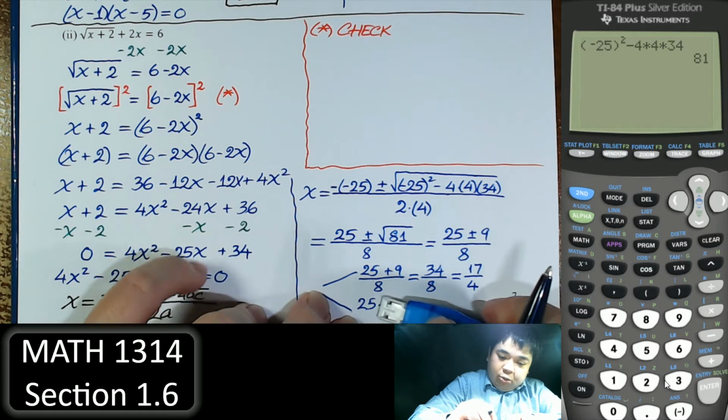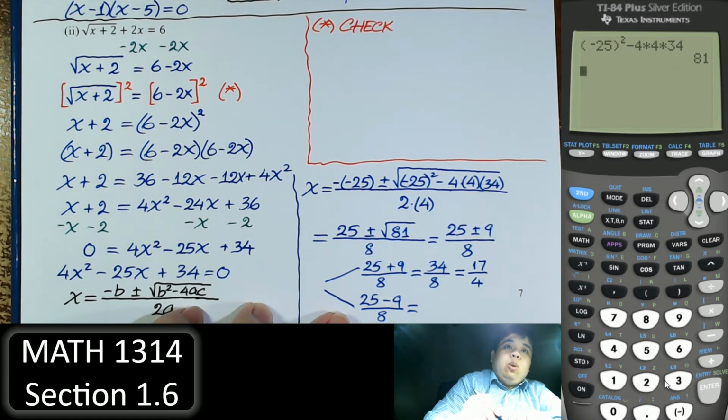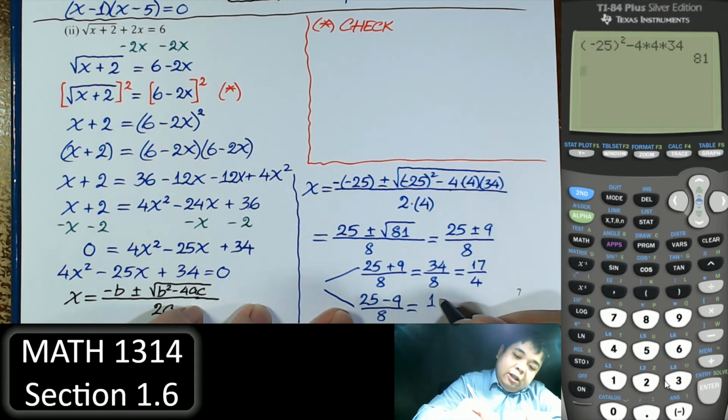And now subtract. We have 16 over 8, which is 2.